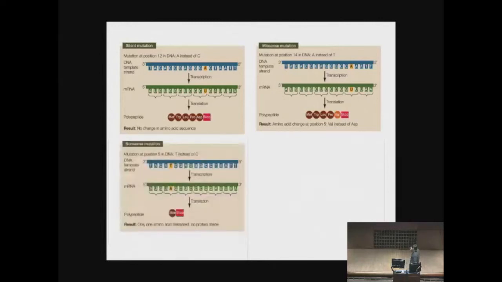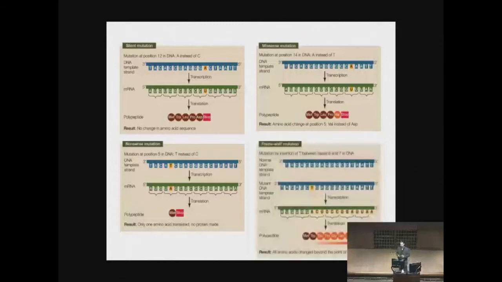There are missense mutations, where there's actually one change, and in most cases, this is what happens in antibiotic resistance. There are nonsense mutations, when the mutation does not result in the production of a protein. So it really doesn't affect anything. They can be problematic if this is an enzyme, for example, that you need to produce for survival.